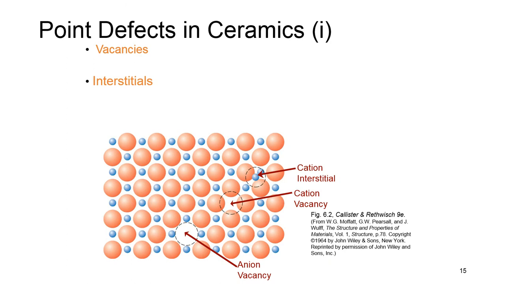And regarding interstitials, interstitials exist for cations, as you can see here. They are not normally observed for anions because anions are large relative to the interstitial sites, so interstitials are very common for cations in ceramics.